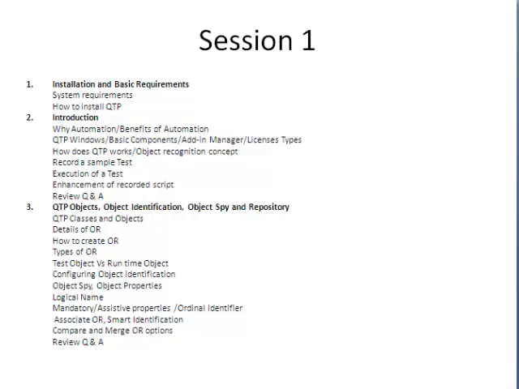Then we'll get introduced to the QTP object recognition concept. Then we'll see how the QTP actually works. Then we'll record a sample script and we'll see what all files have been created and what are the uses of those files while it runs the scripts.